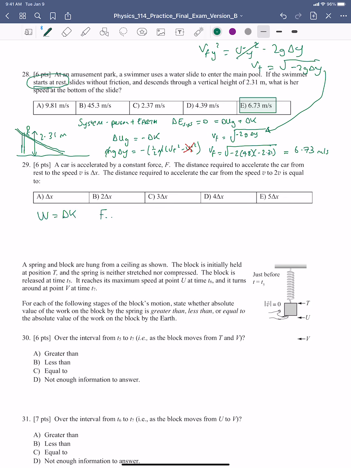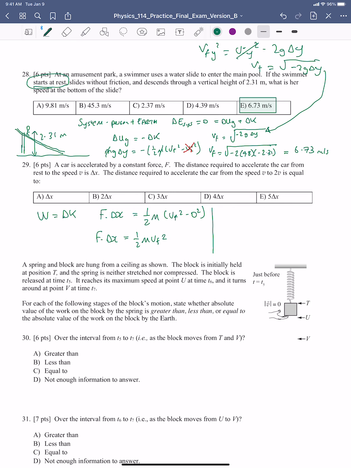We know that F times delta X is equal to 1/2 m Vf squared minus 0 squared, that's Vf minus its initial speed. So F delta X is equal to 1/2 m Vf squared.